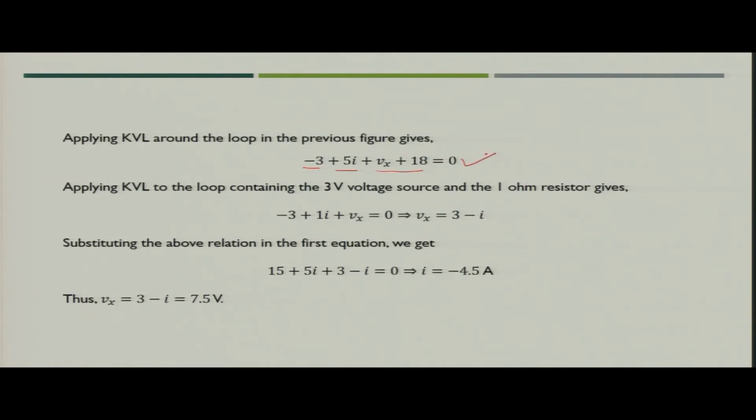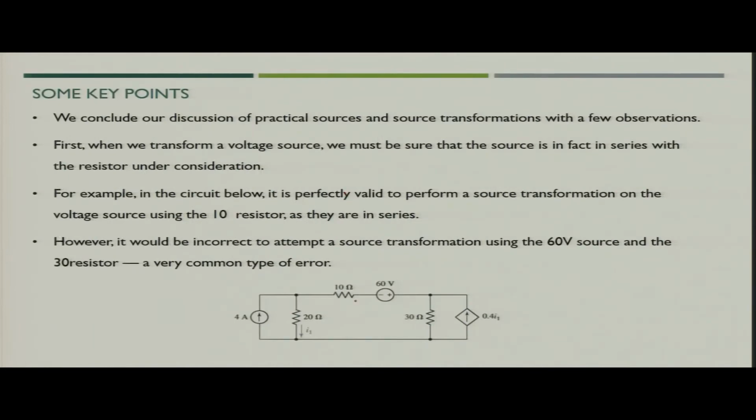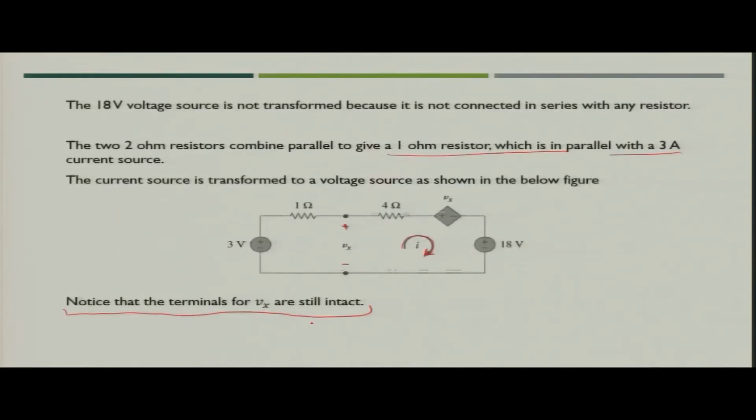Now, the question is, we have 2 unknowns here and we have got only one equation. So, where will we get the second equation? If you see the voltage across these two terminals A, B, what would be the value of Vx? Vx would be nothing but, you know that the current flowing through this 1 ohm is I, which we have considered in the calculation of the first loop.